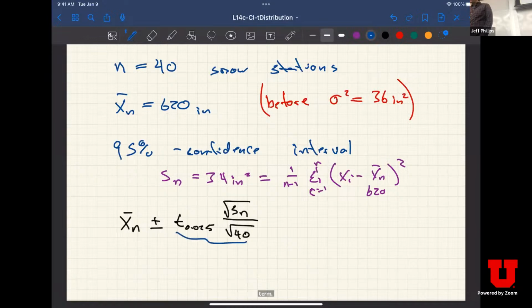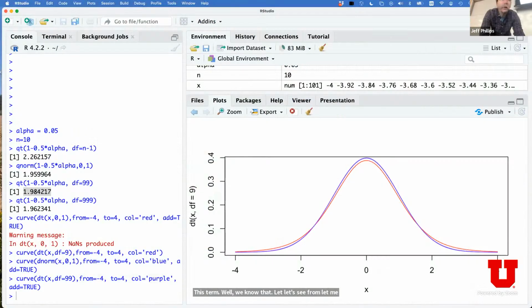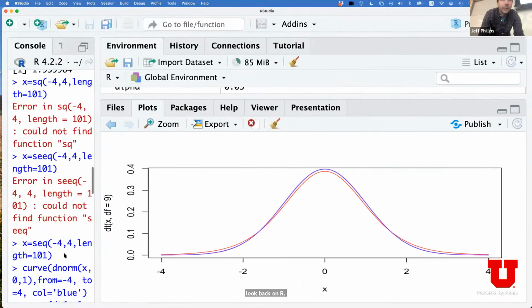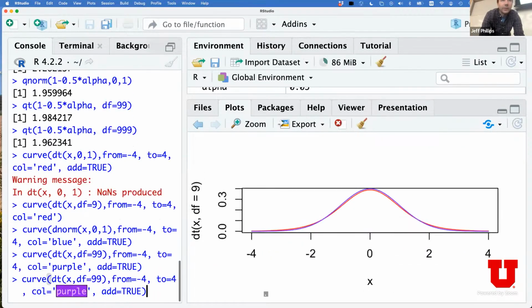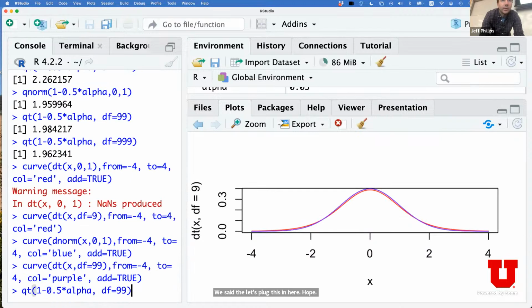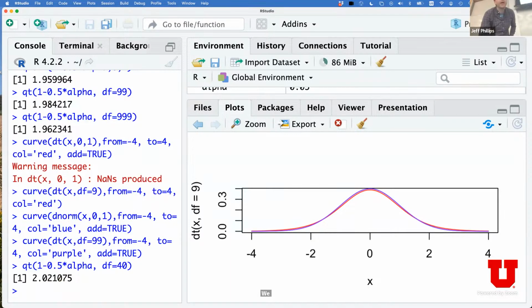This term, well, let me look back on R. We said let's plug this in here. Okay, we have 40 measurements, and this alpha is still 0.05.